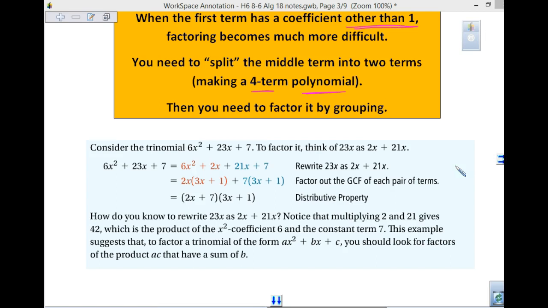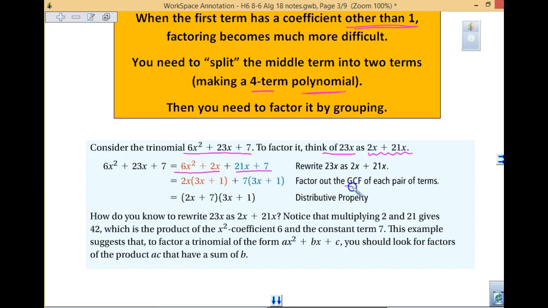So it says, consider this trinomial, 6x squared plus 23x plus 7. We want to think of 23x as being 2x plus 21x. And I'm going to talk about why they came up with those numbers in a few minutes. Okay? So that if we rewrite it as 6x squared plus 2x and then 21x plus 7, in the first part, do you see how they factored the greatest common factor?